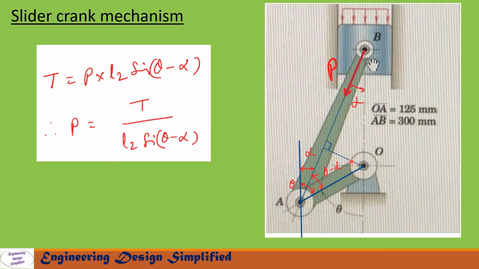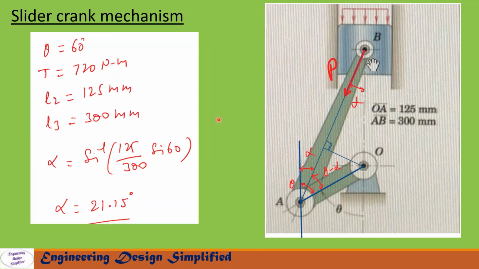That moment can be written as T equal to P into this perpendicular distance, so T equal to P into L2 sine of theta minus alpha. From this expression we can write P equal to T by L2 sine of theta minus alpha. We are going to use this expression and the expression for alpha we have seen in the previous slide to solve the problem. Now let us see the problem.